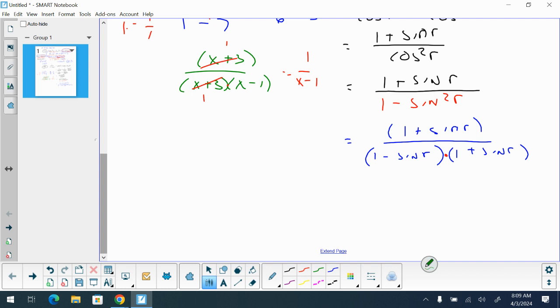If I take a look here, I now have common factors, 1 plus sine of r. This will cancel with this, with 1 and 1, leaving us with 1 over 1 minus sine of r. We are done. Oh, that's just so much easier in class.